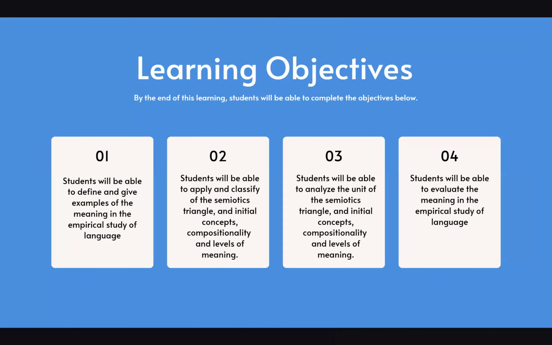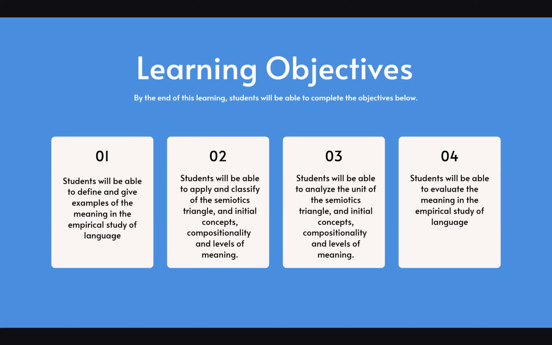Okay? And the learning objectives in this meeting: a student will be able to complete the objectives below. The first is to define and give examples of meaning in the empirical study of language. The second, to apply and classify the semiotic triangle and initial concepts, compositionality, and the levels of meaning.